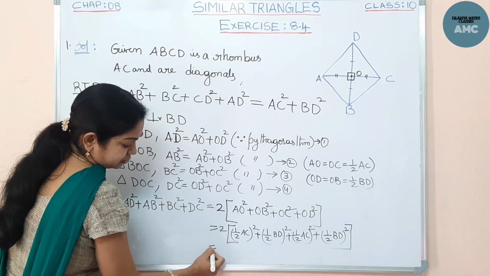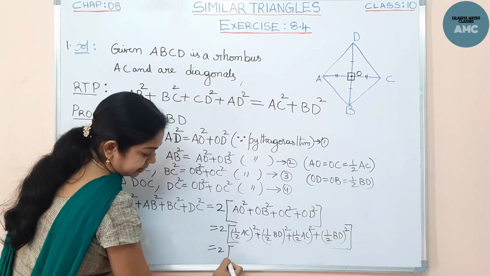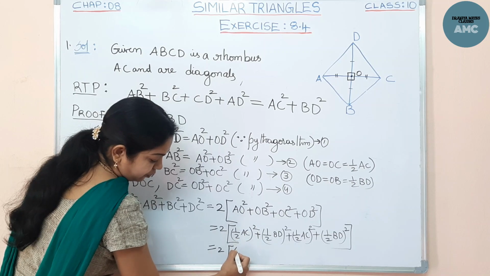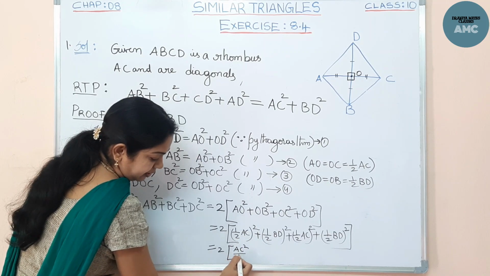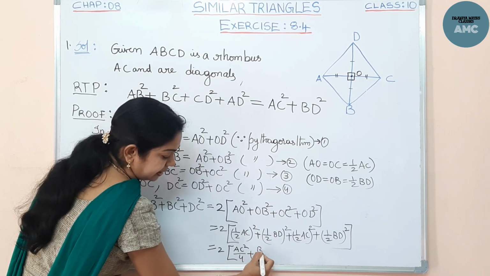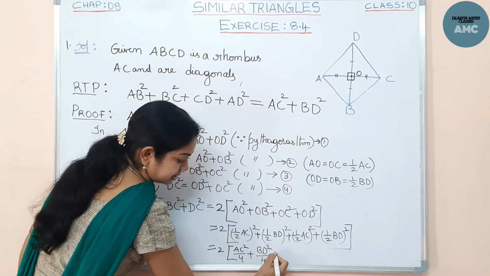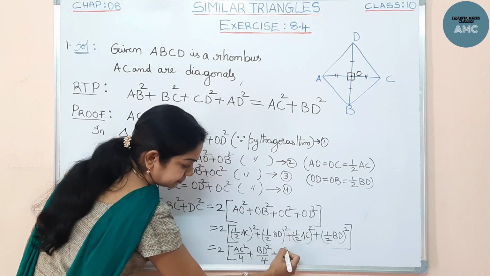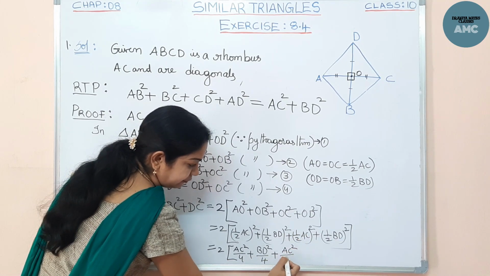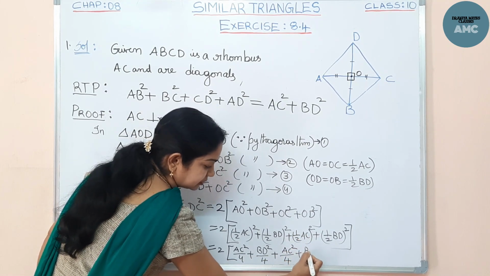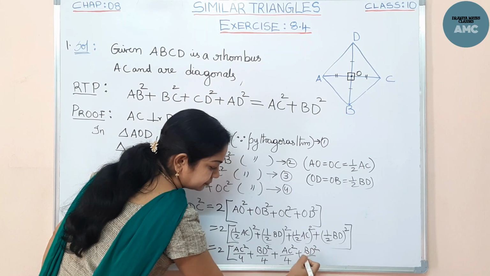Now, this comes to, 2 is outside, AC square by 4 and BD square by 4. Now this comes to AC square by 4 plus BD square by 4.